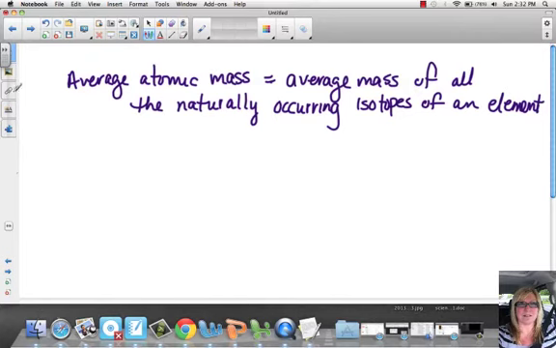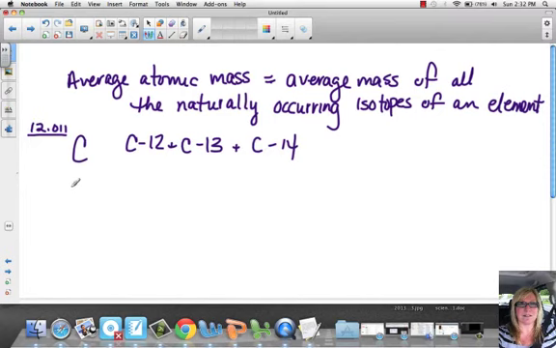So when we look at the periodic table and we see carbon has a mass of 12.011, this mass represents the average of carbon 12, carbon 13, and carbon 14.